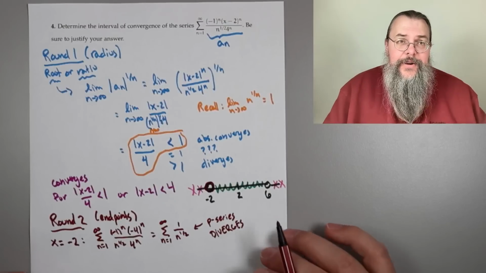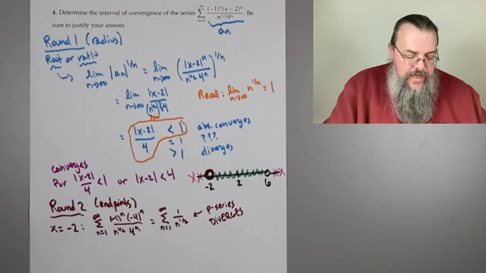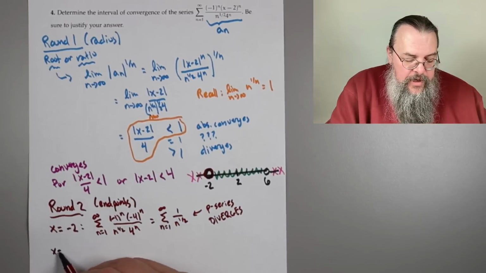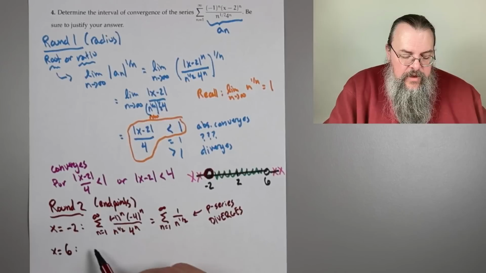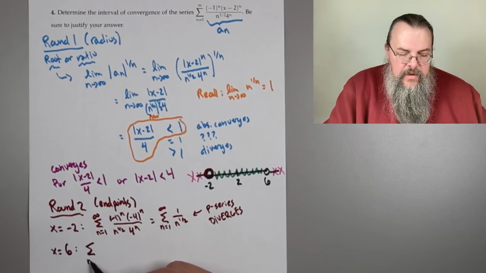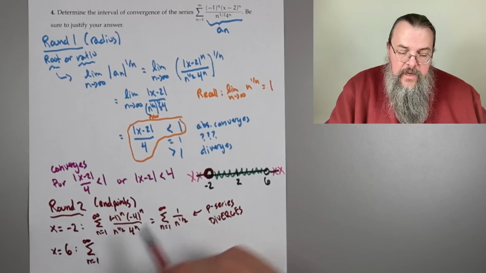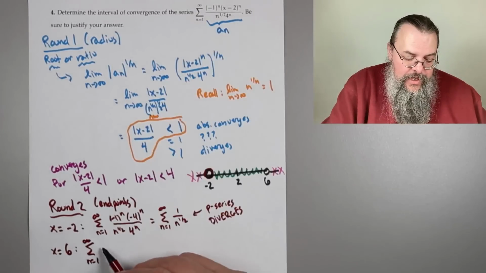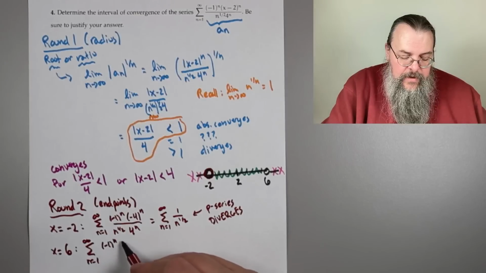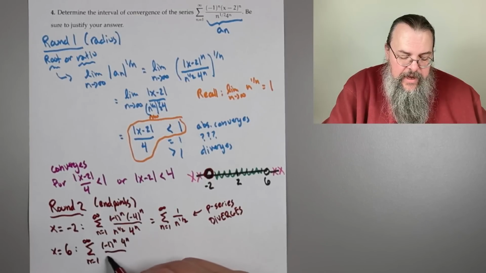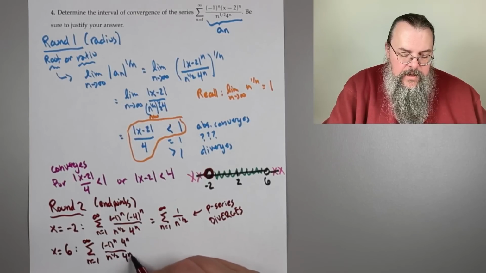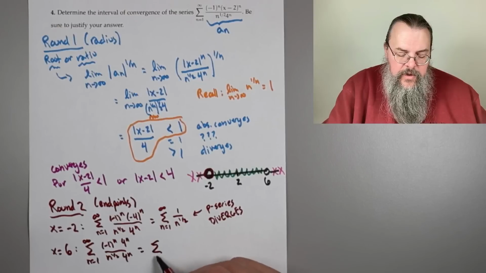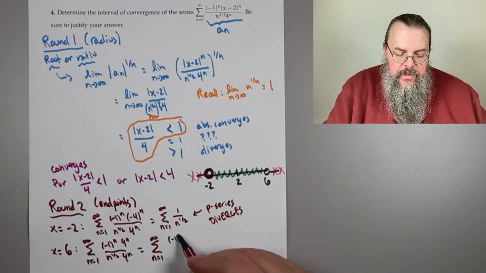What about our other endpoint, which is 6? Similar process. Again, plug it in. Sum n equals 1 to infinity. We're going to have (-1) to the n. 6 minus 2 makes 4 to the n. Downstairs, n to the 1/2 and 4 to the n. Well, now it's similar, but what do we see? We see a (-1) to the n over n to the 1/2.